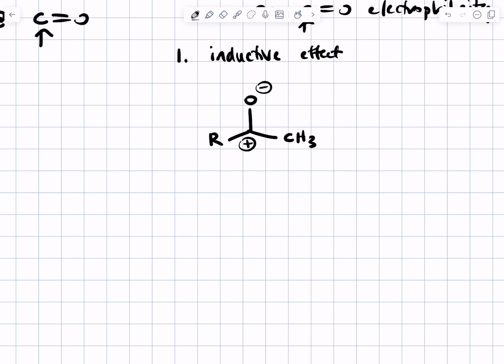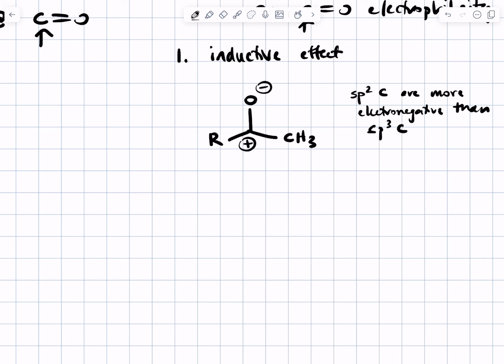The argument goes that sp2 carbons are more electronegative than sp3 carbons because of their increased s character. Atoms that are sp2 hybridized are 33% s. That means their orbitals penetrate to the nucleus more. The closer the orbital is to the nucleus, the lower in energy it is. And so you can think of sp2 carbons as being more electronegative than sp3 carbons, or so the argument goes.